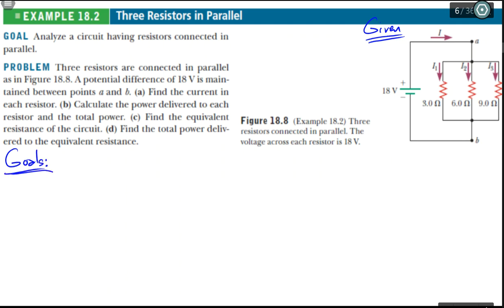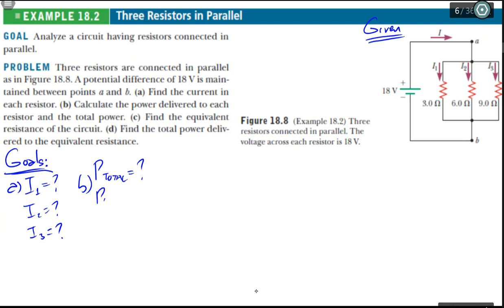Okay, find the current in each resistor. So that's pretty much find out what is I1, I2, and I3, and also find what is the total power, which is simply the sum of all the other individual powers used up by each resistor.